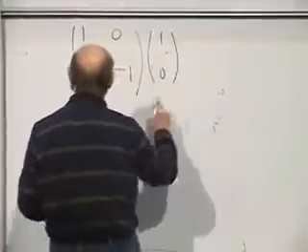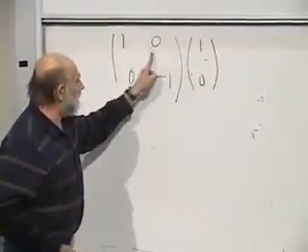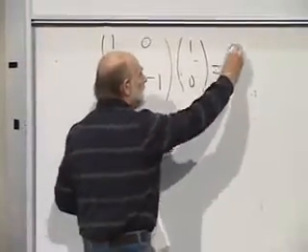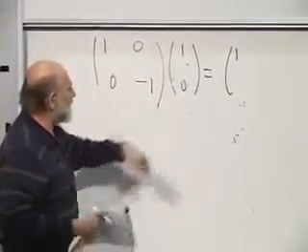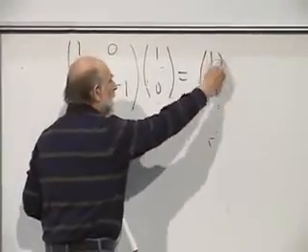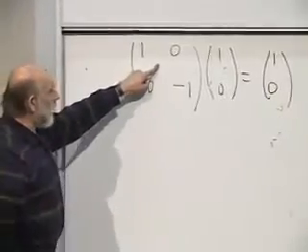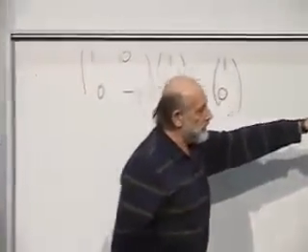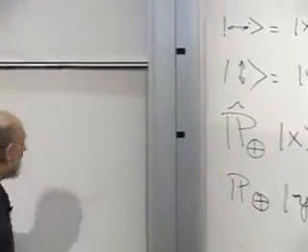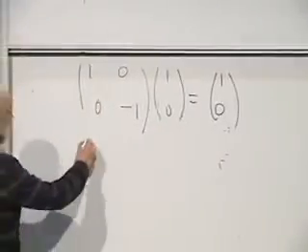What does this give? 1 times 1 plus 0 times 0, and 0 times 1 plus -1 times 0. So that says that this polarization operator acting on the x polarization gives back the x polarization. That's just this equation.